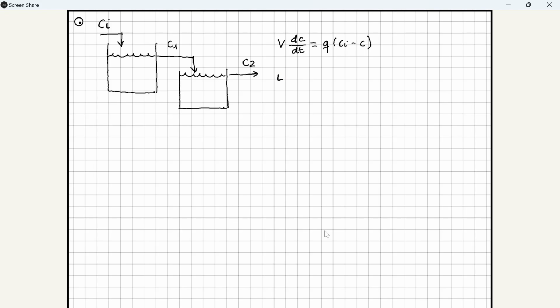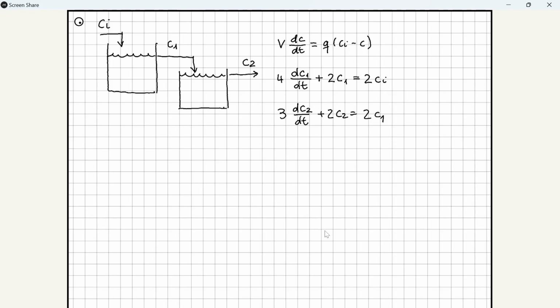So the first one is 4 times dC1 over dt plus 2 times C1 equals 2 times Ci. And the second one is, because this tank's a bit smaller, 3 times dC2 over dt plus 2 C2 equals 2 C1.